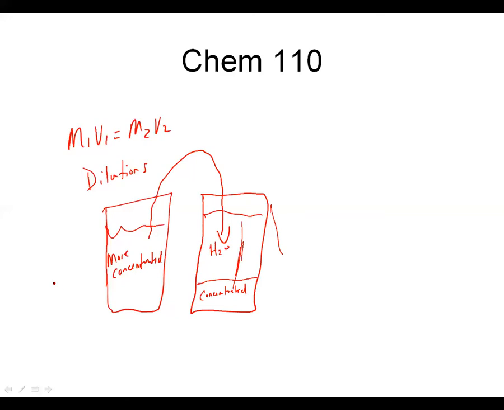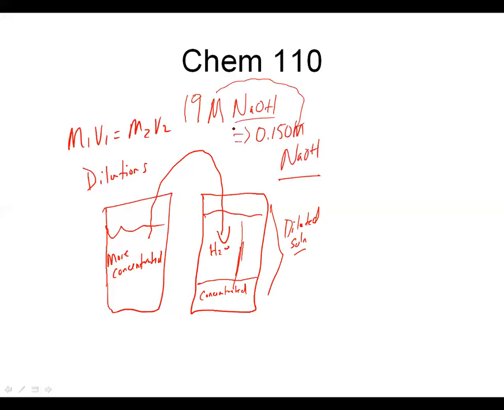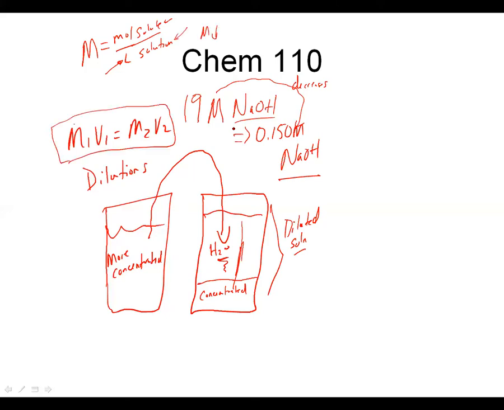It's like those last calculations we were doing, where you basically have the same thing, but the only difference is the molarity value. For example, the first one we did had 19 molar. We diluted it and the molarity goes down.